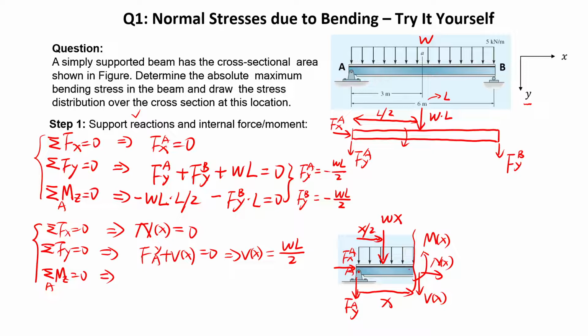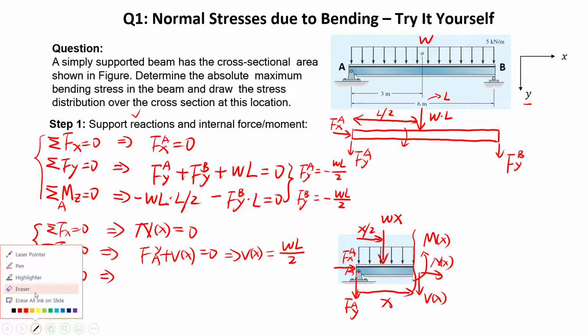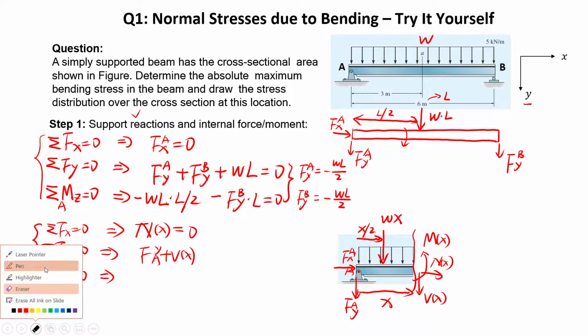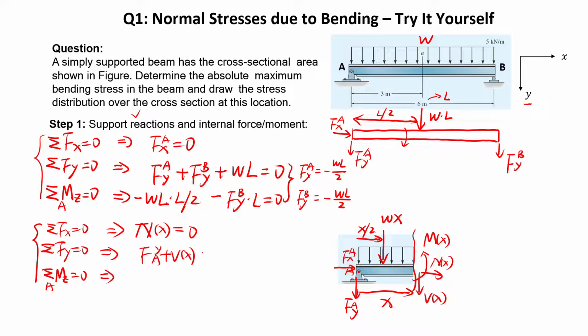Okay, so in this case we have missed one term in this calculation, so I need to redo this. This is very easy to forget, so let's remember to add it.